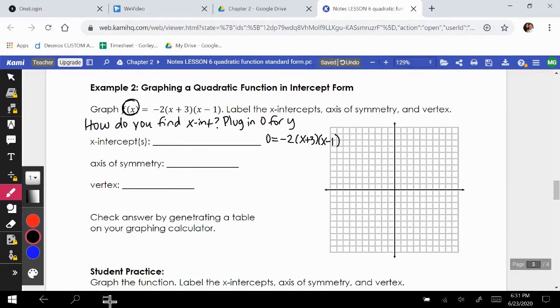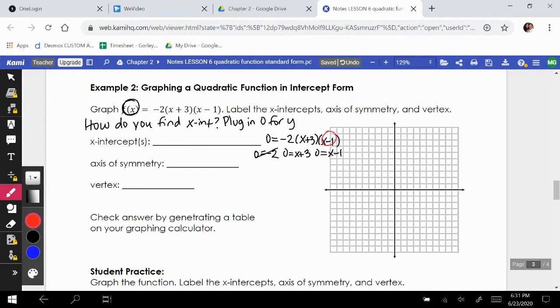Again, based on that property, in order to get something that multiplies to give you 0, either -2 is 0, which that's not true, or we could say that x plus 3 has to be 0, right? If this was 0, 0 times anything would just be 0. Or another option would be that x minus 1 has to be 0, right?